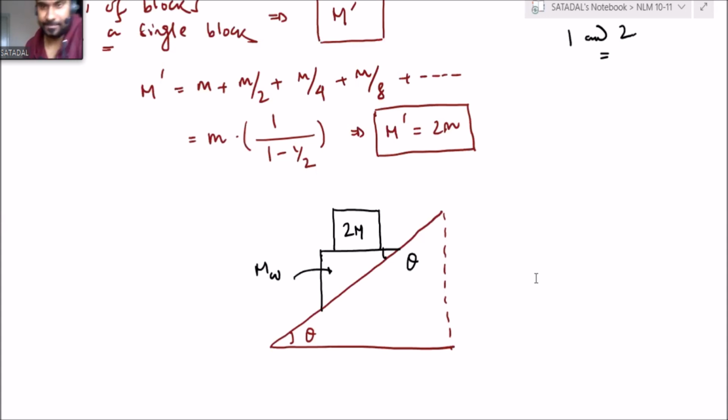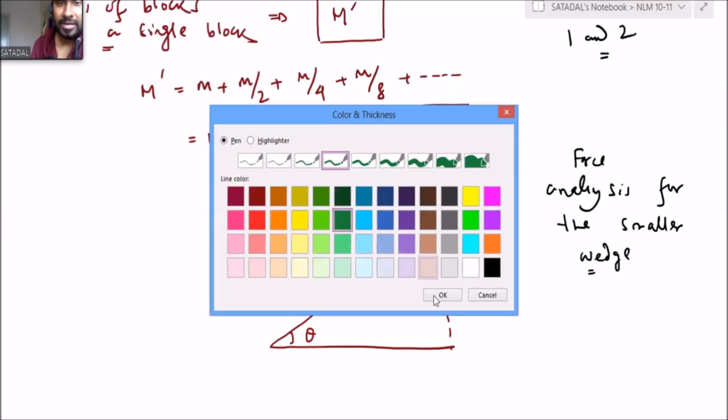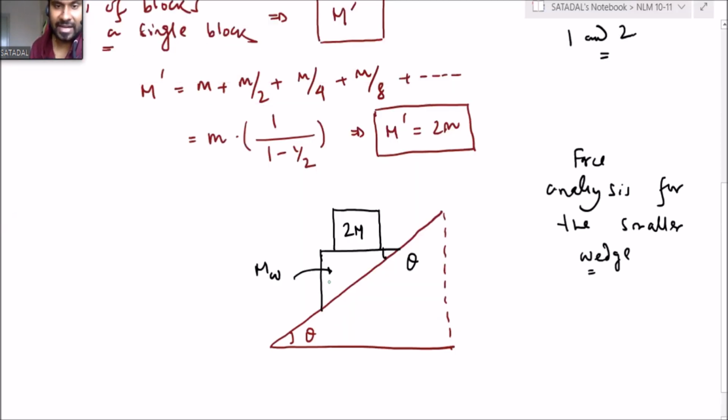Now see, I'm going to separately write the force equation for the smaller wedge as well as for the block. First I'm doing force analysis for the smaller wedge. Before that, try to understand one thing. The wedge will accelerate in that direction.